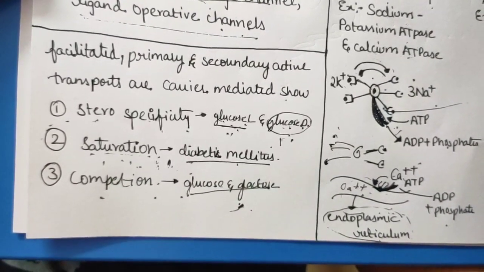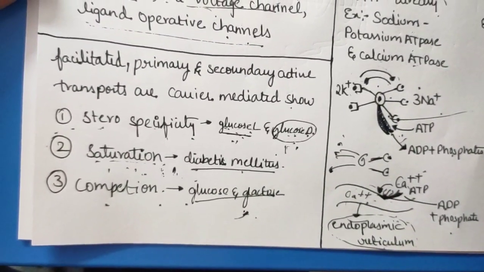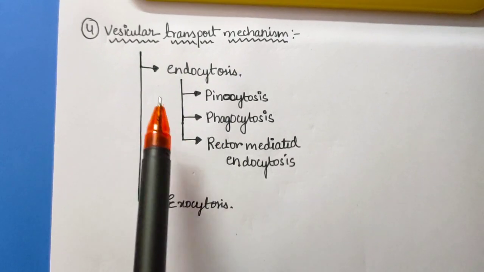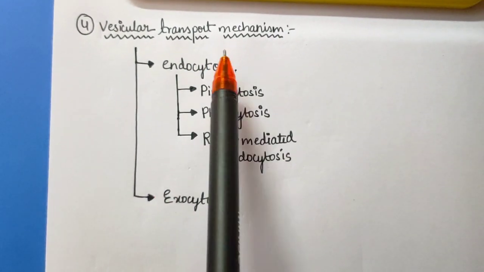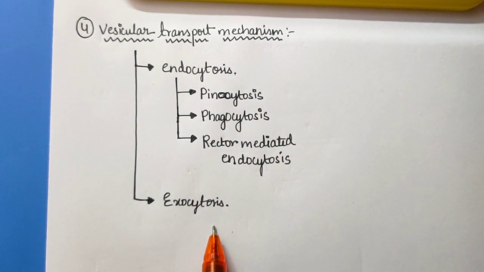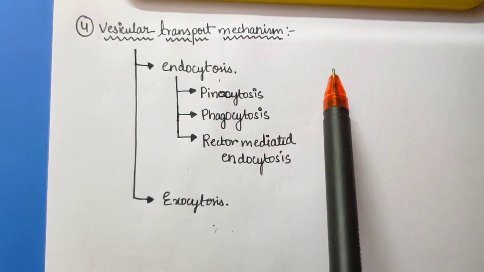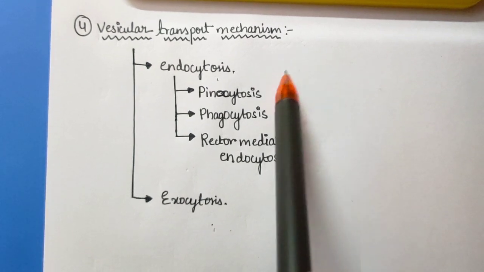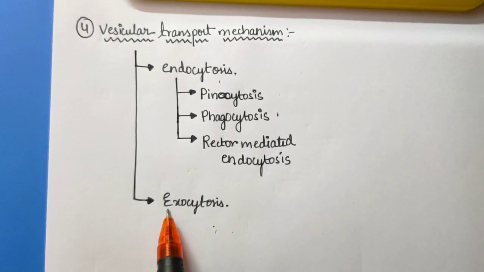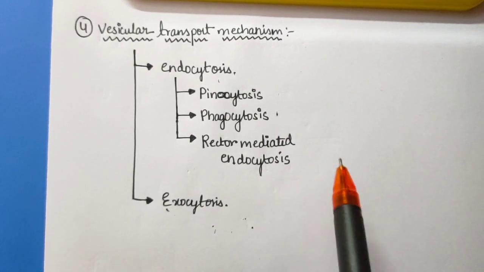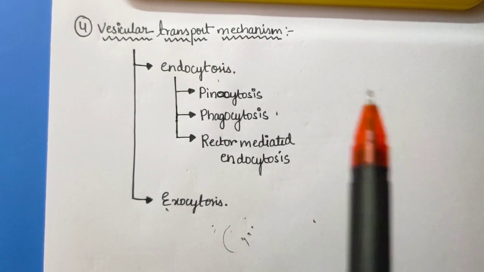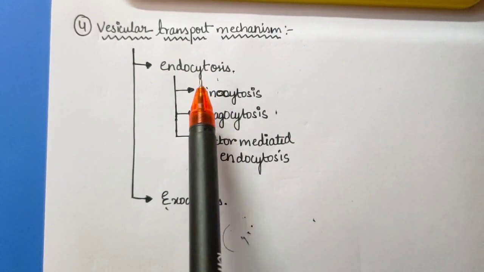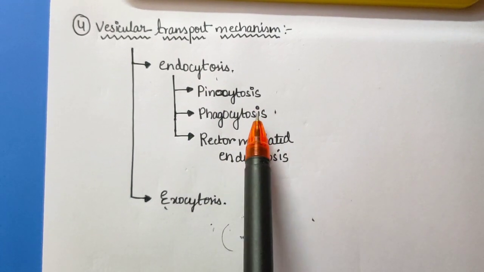Now let us see about the fourth system. The fourth system is also known as vesicular transport mechanism. It is of two types: endocytosis and exocytosis. In endocytosis, the cell will take material inside of it, and in exocytosis, it will remove the material from the cell to the outside environment. In endocytosis, we have three types.